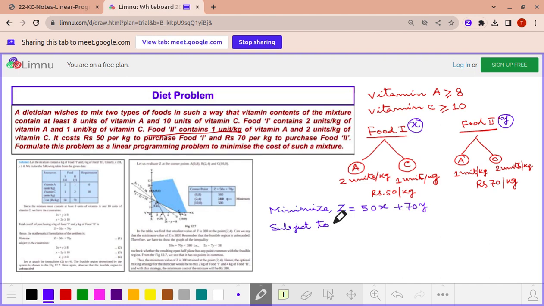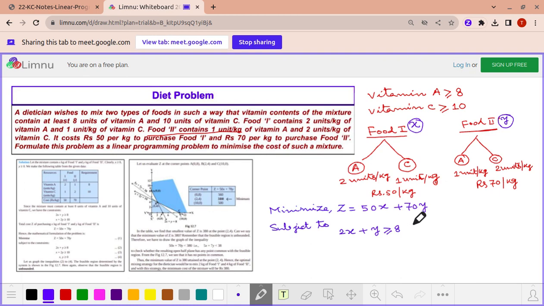For x kg, it will be 2x. So 2x units of vitamin are coming from food 1 and y units are coming from food 2, because food 2 contains 1 unit per kg of vitamin A. So 2x plus y should be greater than or equal to 8, because the minimum requirement is 8 units, correct.